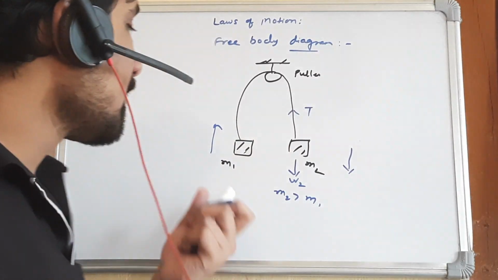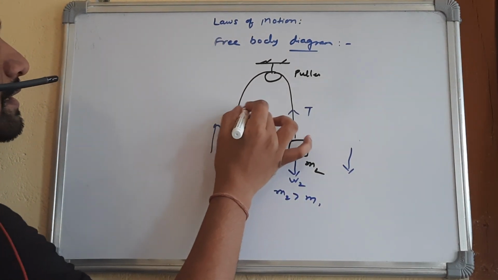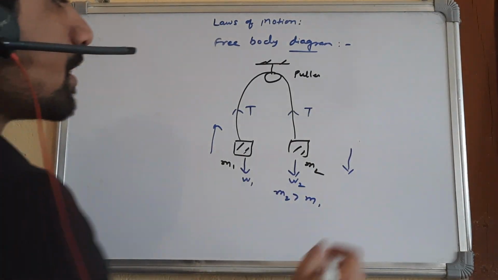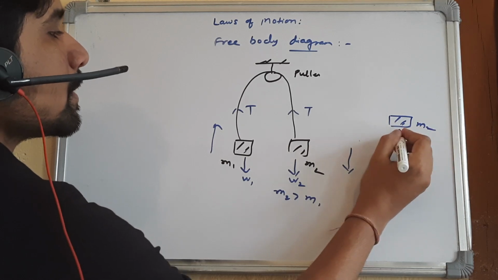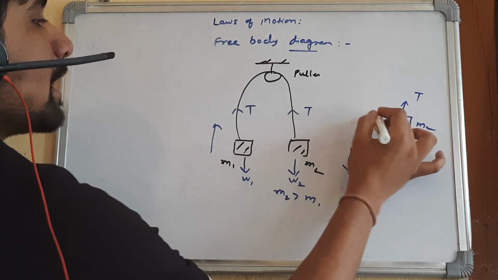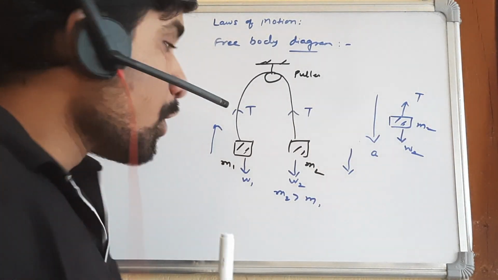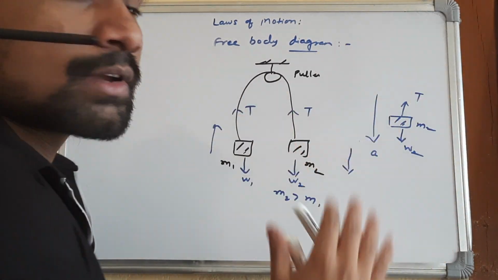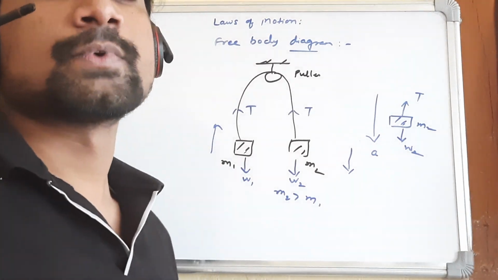Again for m1, w1 and T, and since the string is the same, tension is the same. Now if I need to draw a free body diagram for m2, it will come like this. This is m2, this is w2, this is T, and the final acceleration is in this direction. So I have freed m2, isolated it and indicated the forces for simplicity. This is what is called a free body diagram.